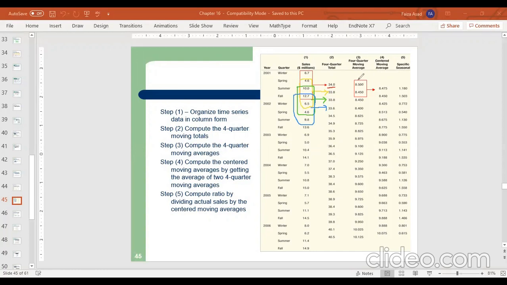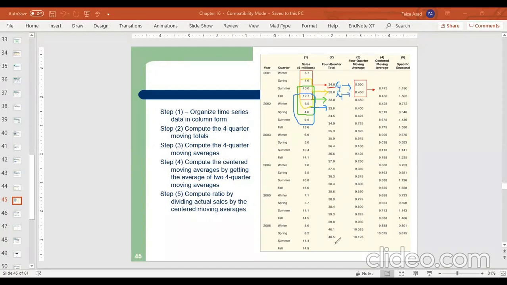So we will simply divide these totals by 4, and we will get these averages, moving averages basically.